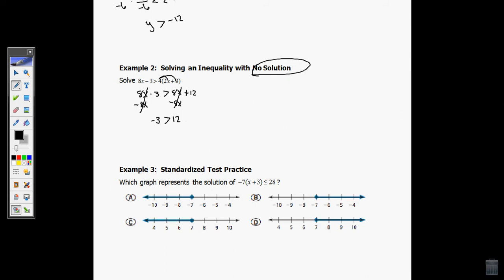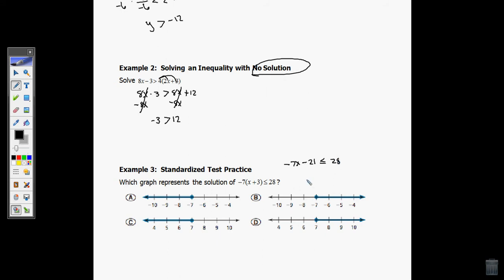Now, example 3. Let's see what we can do here. The graph represents the solution of negative 7 times x plus 3 less than or equal to 28. So let's go ahead and just start distributing. Negative 7x minus 21 less than or equal to 28.